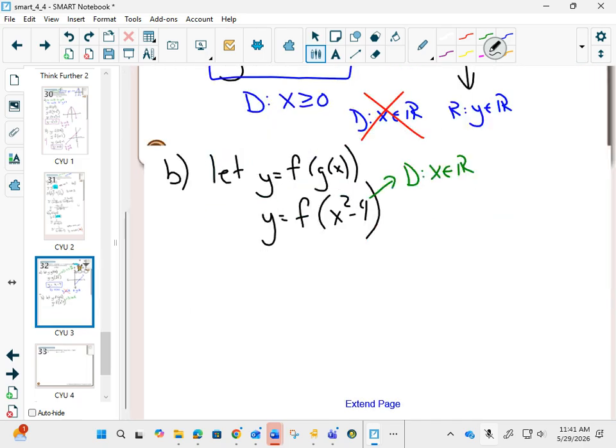But then we square root, and now we have a problem. Because you can only square root positive numbers. So the x squared minus 4 has to be bigger than or equal to 0.